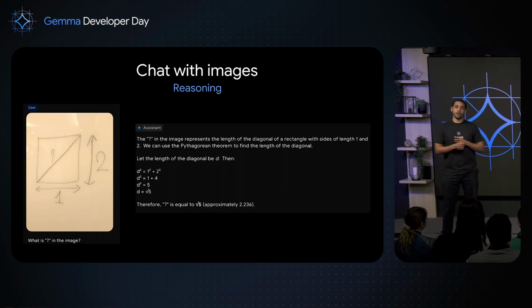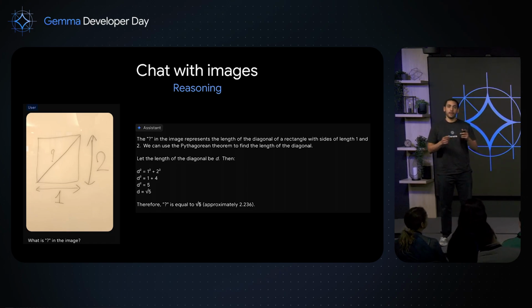First one is a reasoning example. We drew on a whiteboard a rectangle where we added some measurements and also a question mark. And we asked Gemma, what is the question mark in the image? Gemma understood our hidden intent, which was to compute the value of the diagonal, and proceeded by computing it.